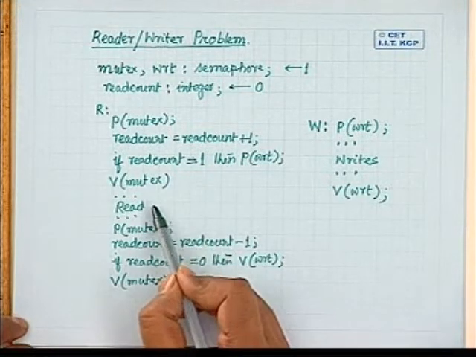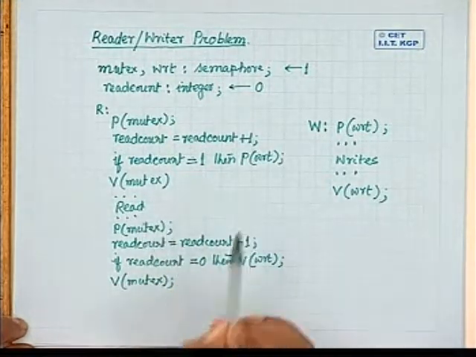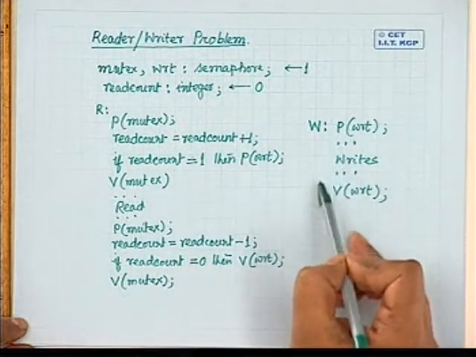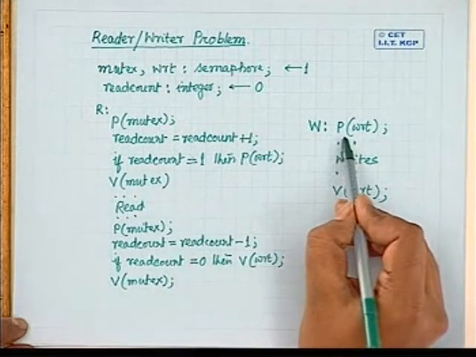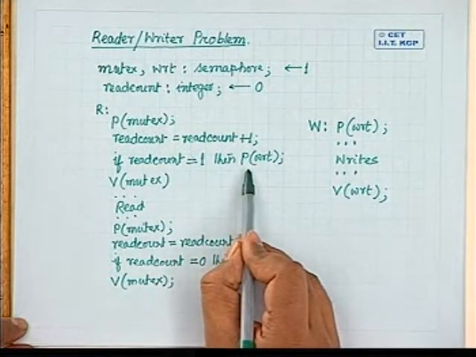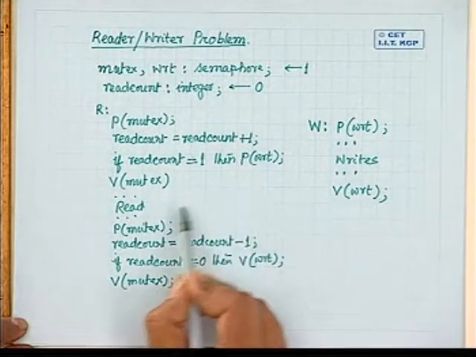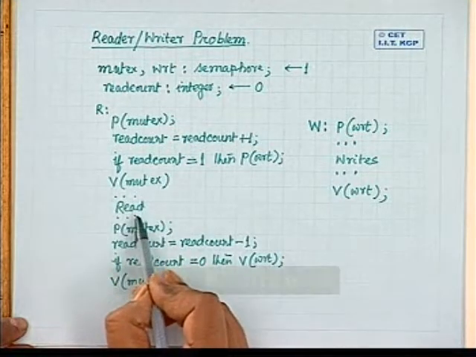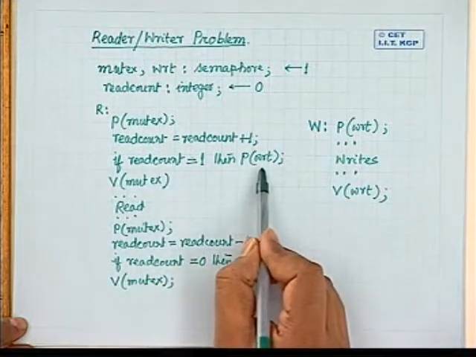Okay. Now, what happens if at this point any writer process wants to access the file? The code for the writer process is like this. The writer process will perform p write operation. Here you find that the first reader process who has entered this critical region has performed a p write operation.